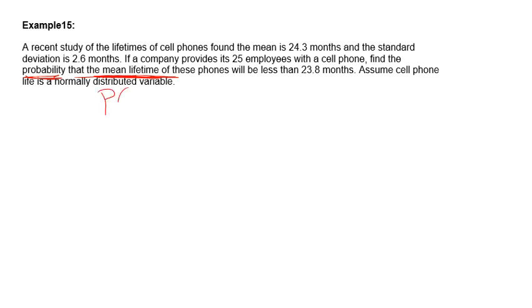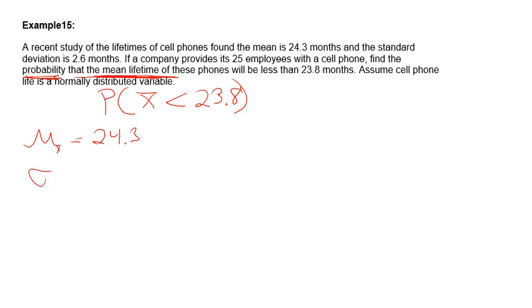That is the probability that X bar is less than 23.8. Since we're working with X bar, we need to get to the table. In order to get to the table, we know we need to subtract the mean. Well, the mean in this problem here for X bar is that of the population, 24.3.